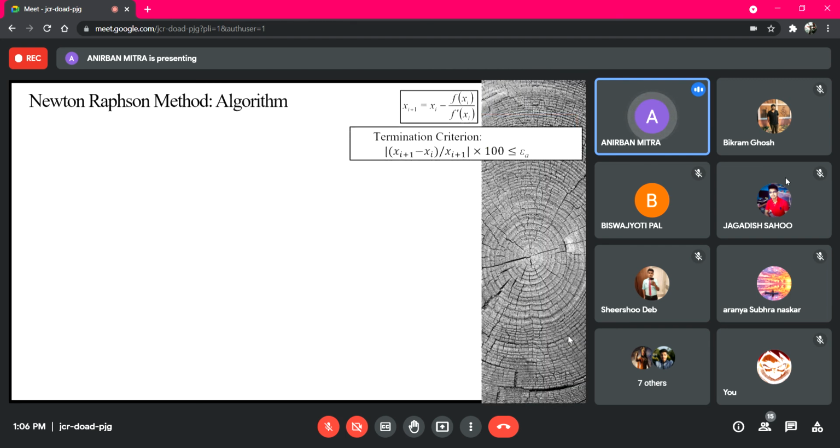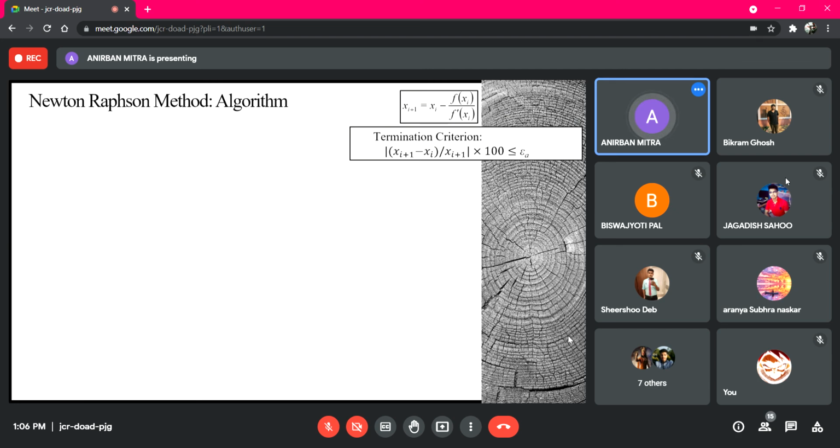This is also given as an assignment. As an assignment, you should write down a workable algorithm for the Newton-Raphson method and submit it before the next class. So you have 2 different tasks. You solve those problems.